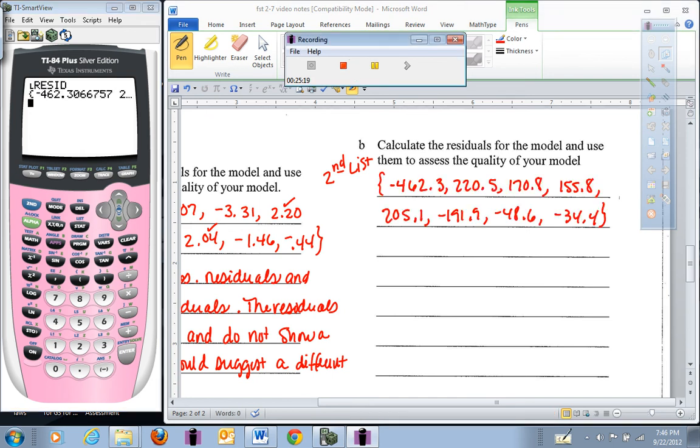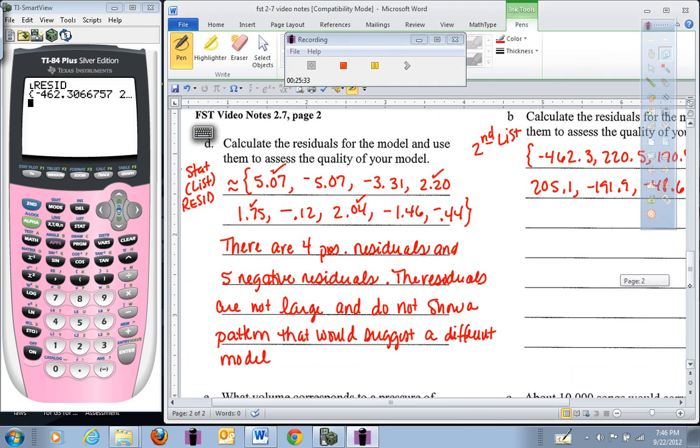Now, when we analyze these residuals, you can see again that we have 4 negative ones and 4 positive ones. The numbers are quite a bit larger this time, but let's see what they mean in the context of our problem.